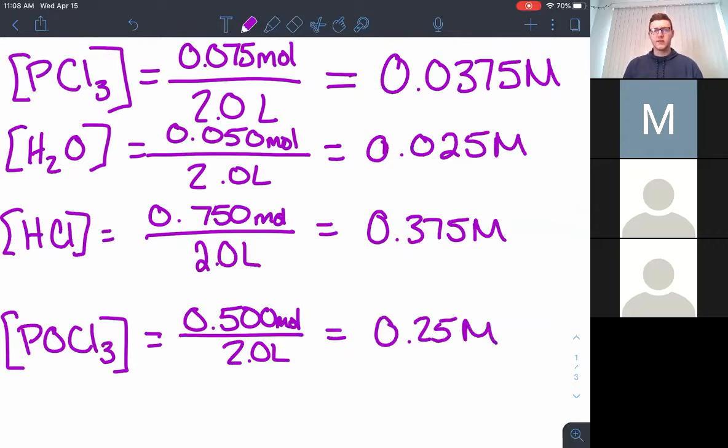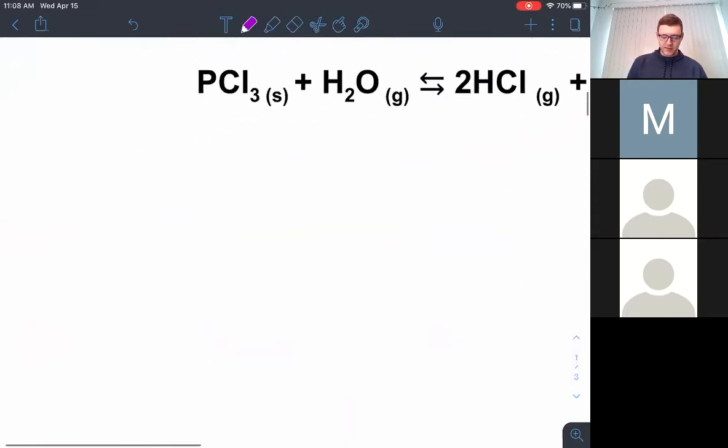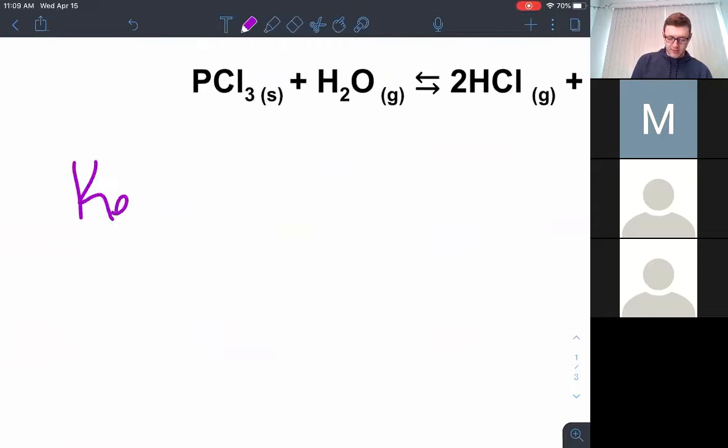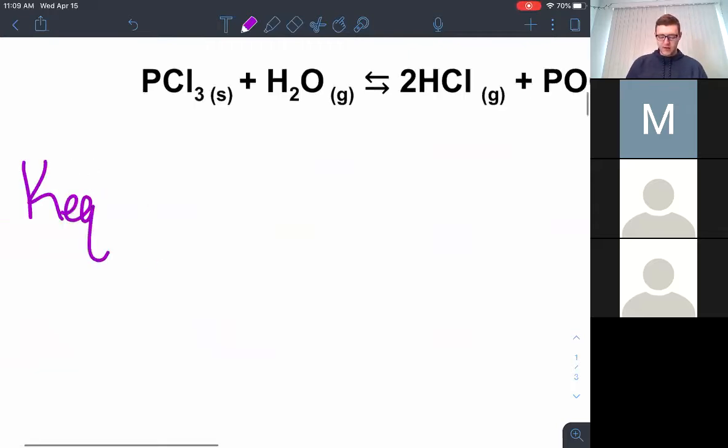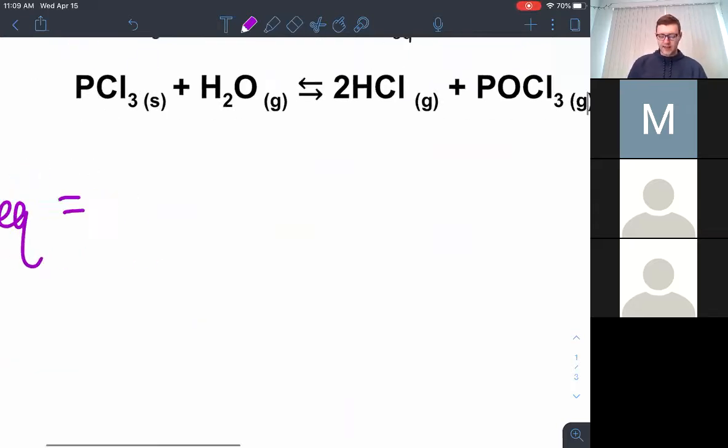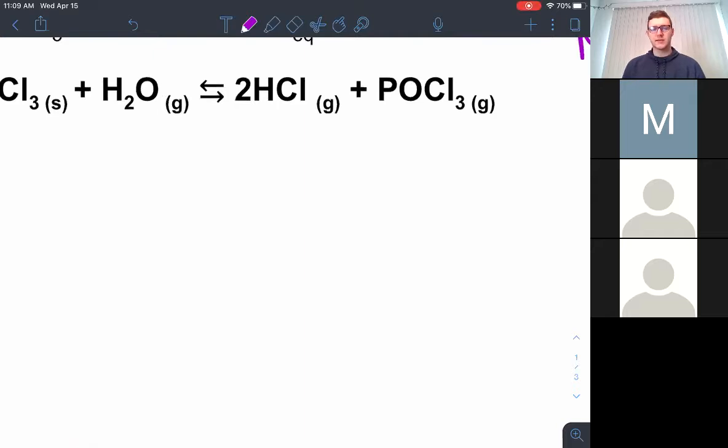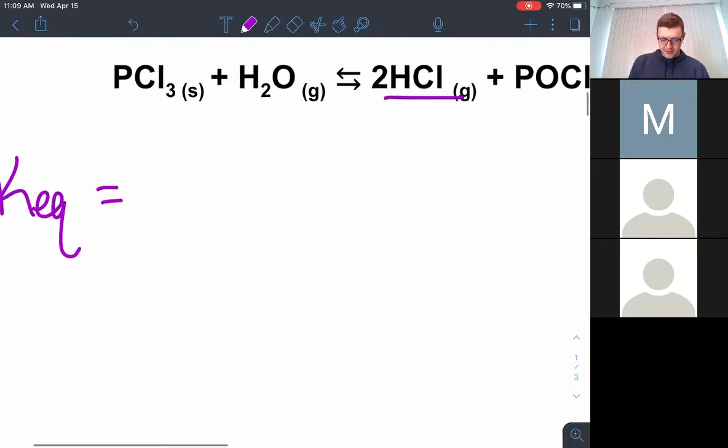All right, so now that we have our concentrations set up, we can set up the expression for our equilibrium constant. So if we're going back over here, we're looking for KEQ, okay? Remember, it's products over the reactants. So let's look at our 2 products. We're going to find the concentration of HCl.